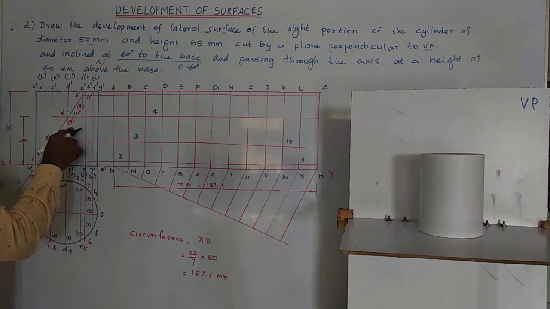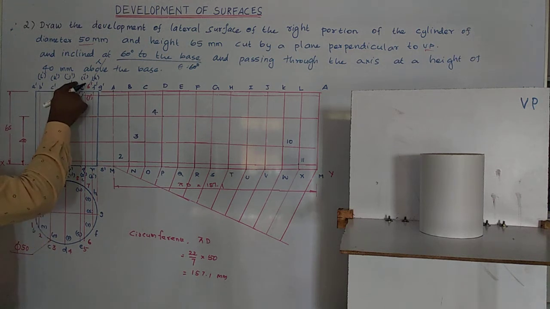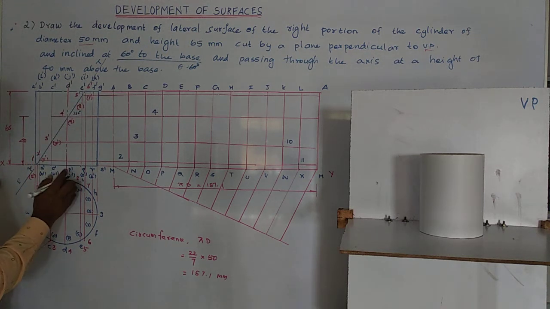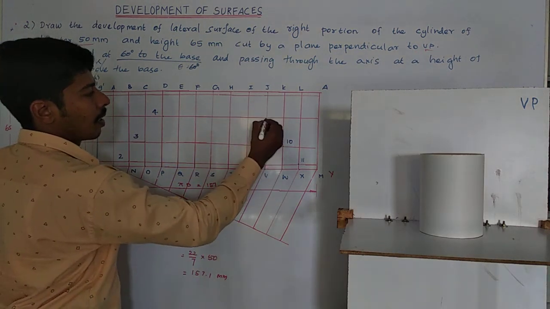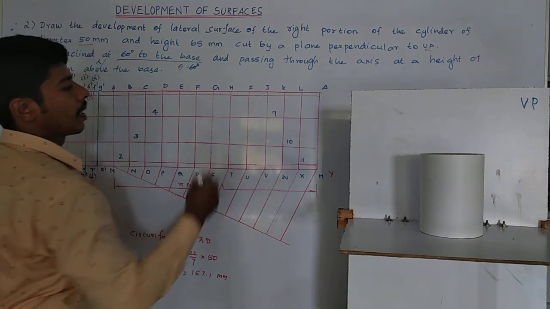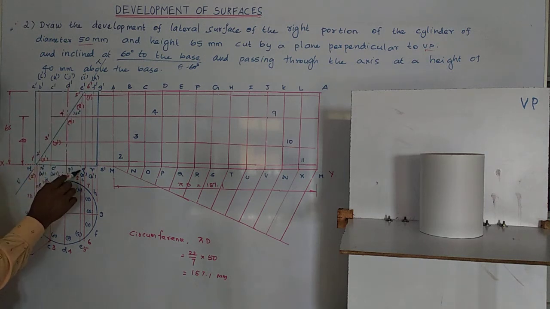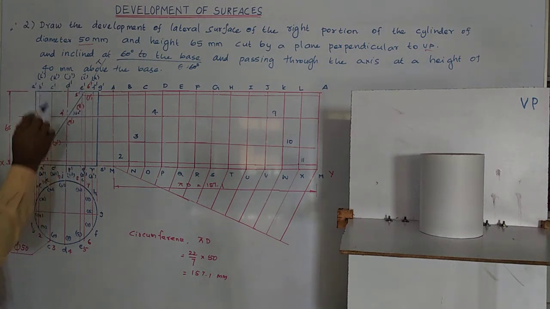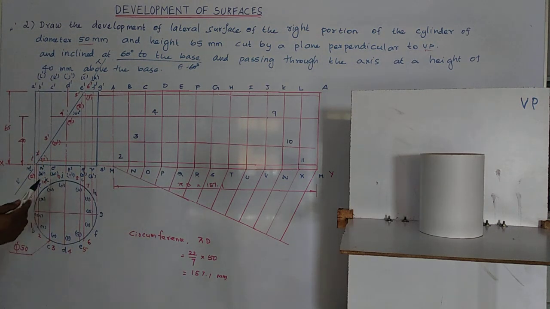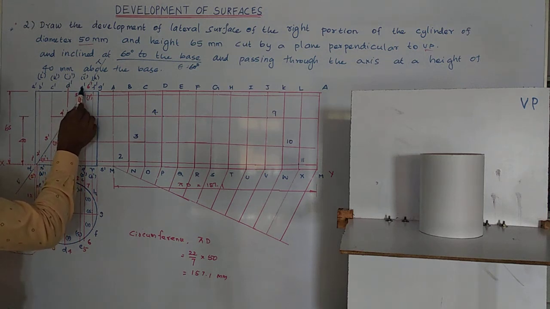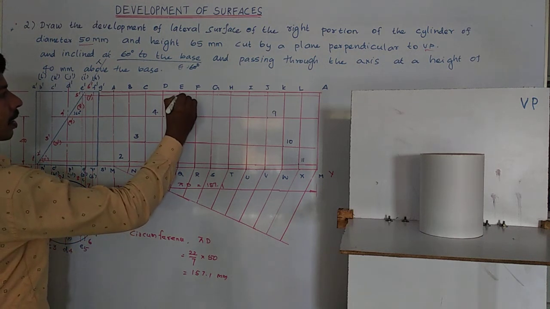Then 9. 9 means J and V. JV. So here is JV. So this point is 9. Then what is that? 5 and 8. 5 means E and Q. So E, Q. So this point is 5.